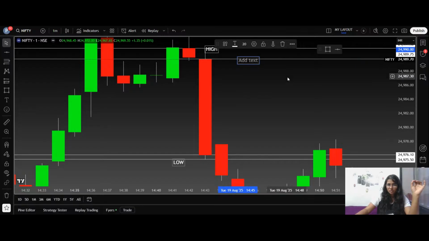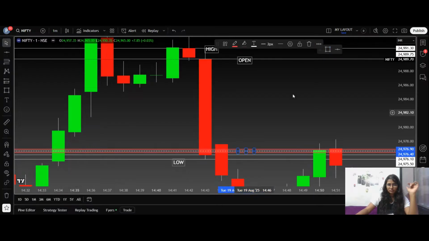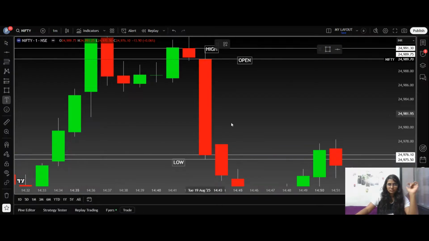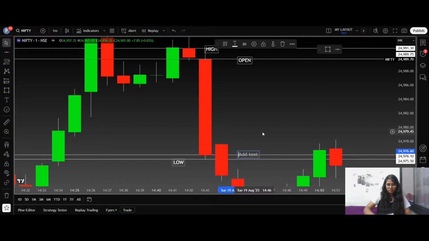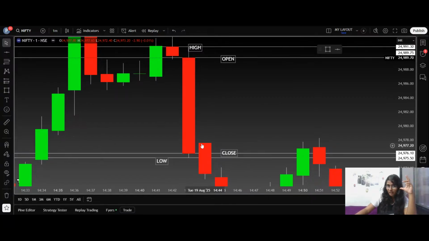This is the open, and this is the close price. Yes. So you can see in this red candle, this is the highest point.